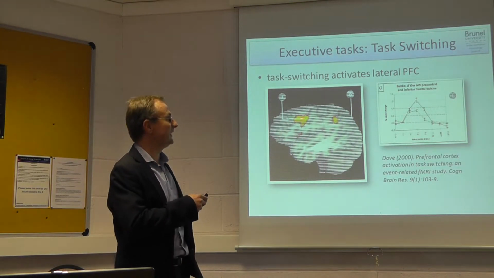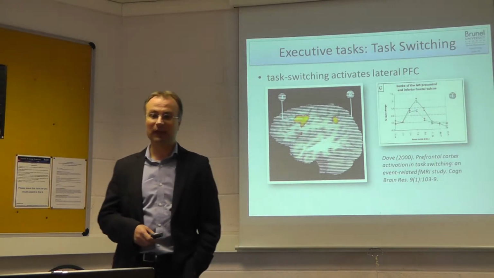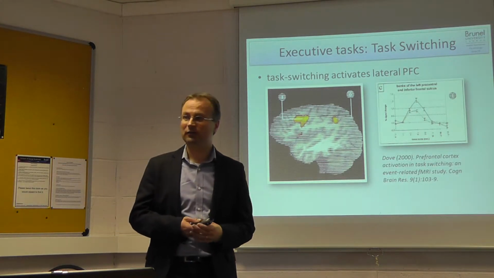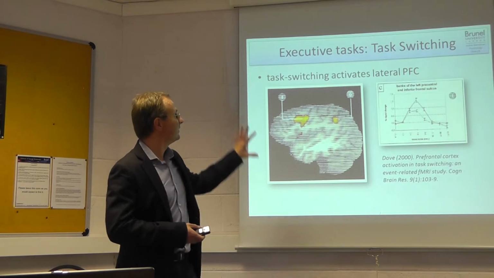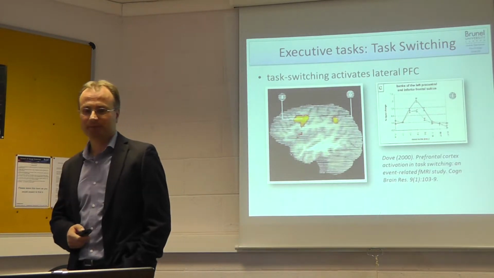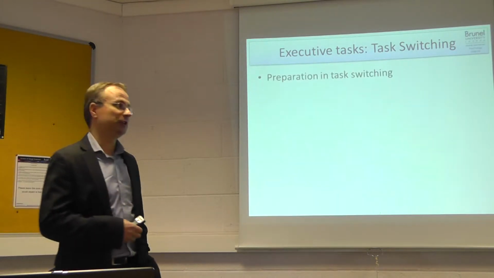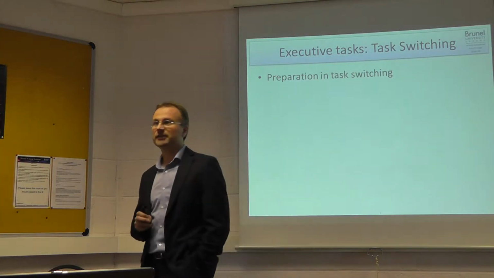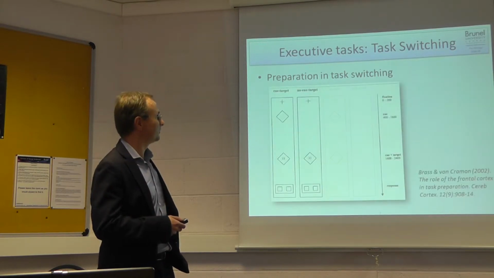However, demands are increased when you have to switch. So again, lateral prefrontal cortex, in the area of higher executive control, of task management, is activated in task switching. I would like to present another task switching study which highlights some nice features of imaging research.